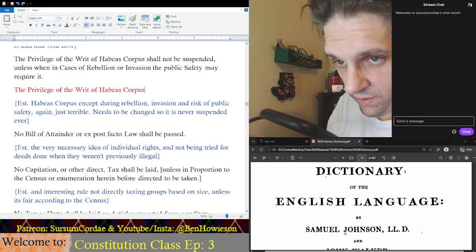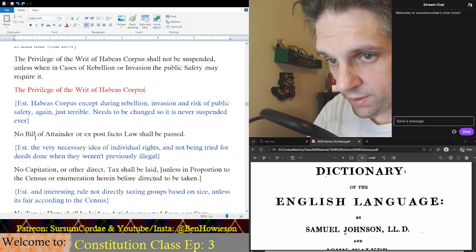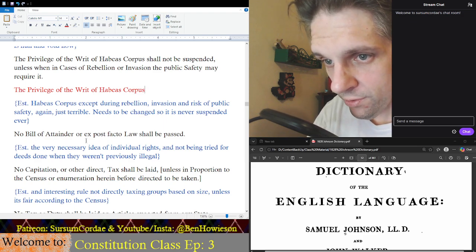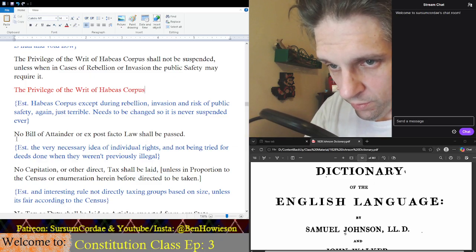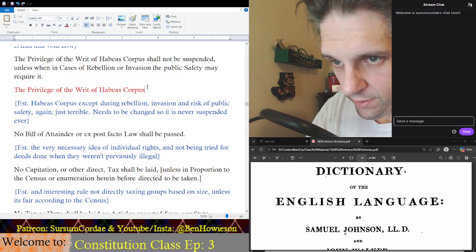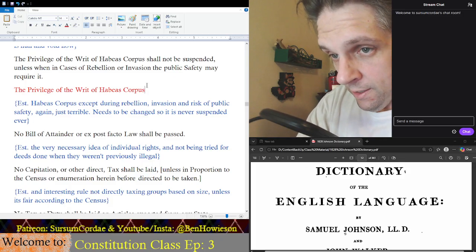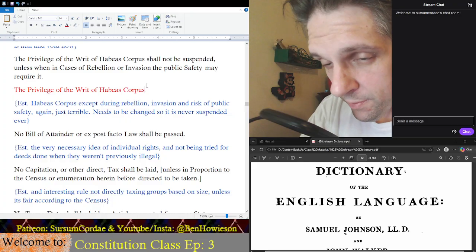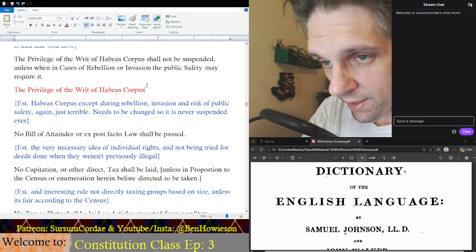Like, these are specific things. You know, the writ of habeas corpus, and back down here we're going to see no bill of attainder or ex post facto law shall be passed. Those are specific things. So it's not a real way to more simply translate that into current language. It's still current. It just needs to be removed from the document entirely.